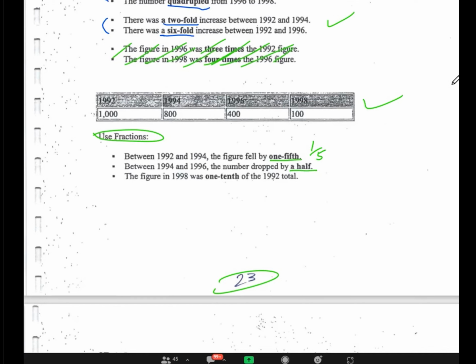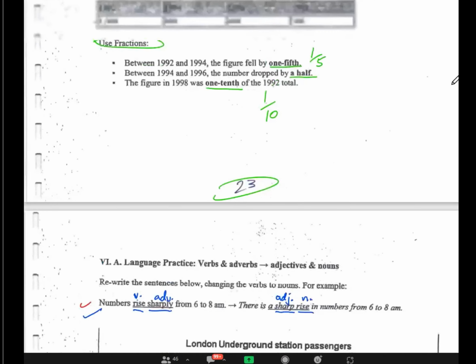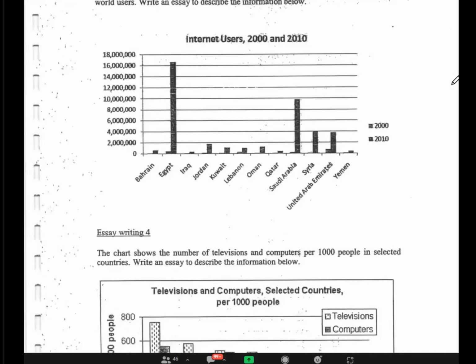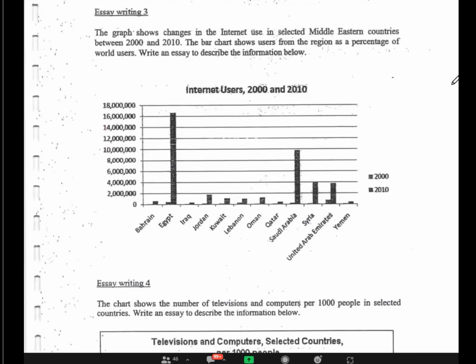It went down. The figure was 1/10. 1/10 means 1 by 10. So when you look at the drawing, you can decide, for example, how much is this compared to this?